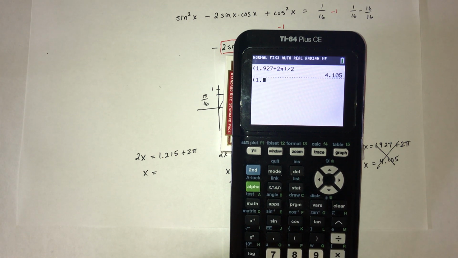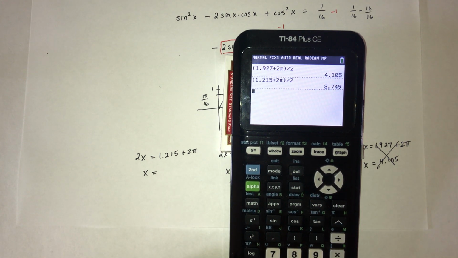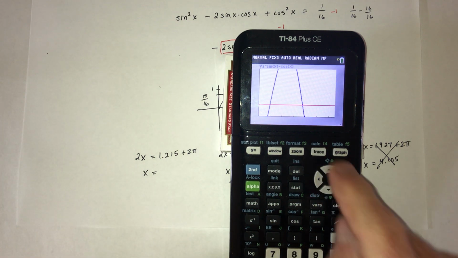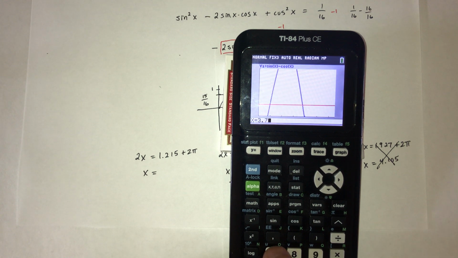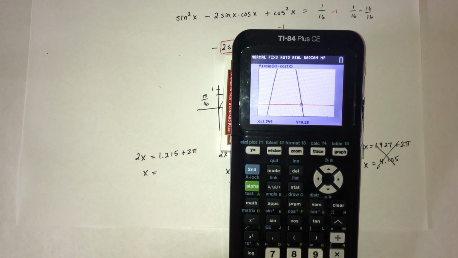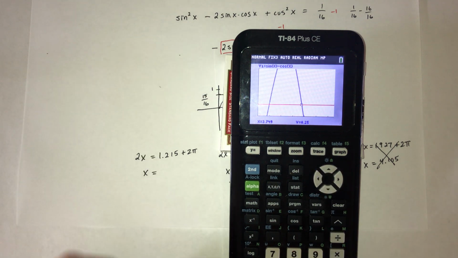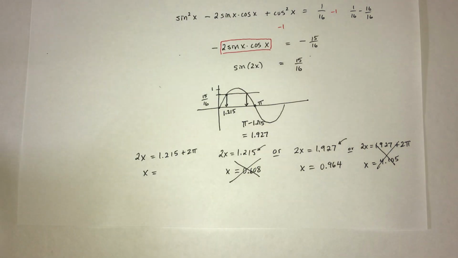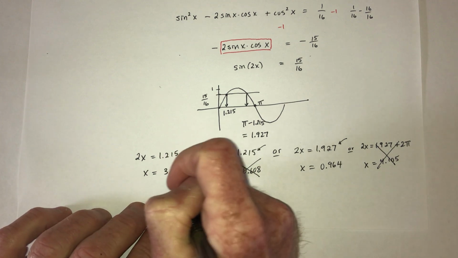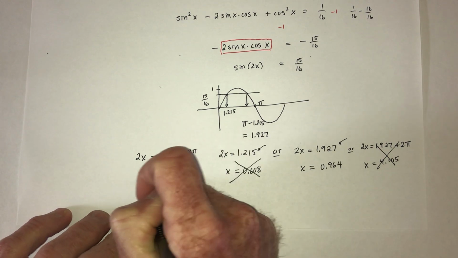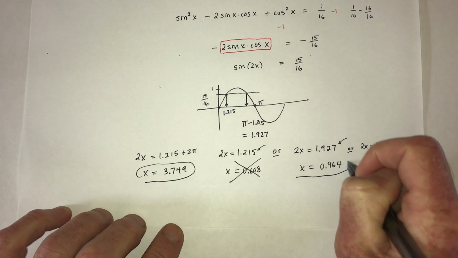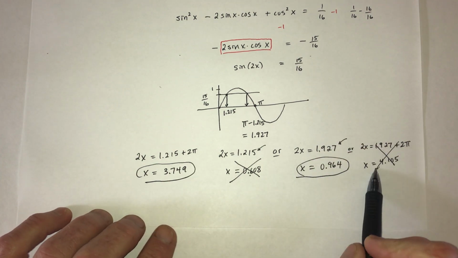So 1.215 plus 2 pi, and then divide by 2. 3.749. Trace and see if that works. 3.749. There it is. Now it's equal to a +1/4. So 3.749. So this one worked, and this one worked, but this one did not, and this one did not.